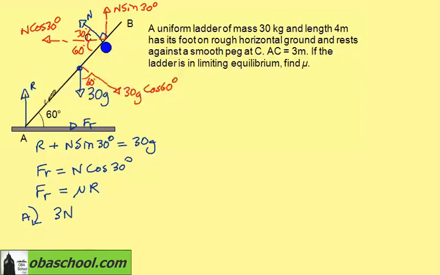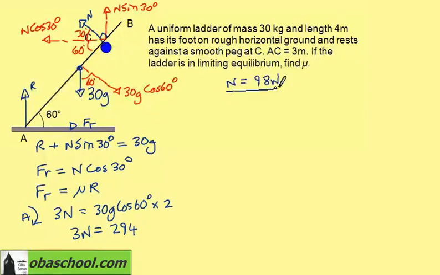Remember, the other component just goes directly towards A, so has no turning effect. So that's going to be equal to 30G cos 60 times its distance from A, which we know is 2 meters. This gives us 3N is equal to 294, and therefore N is equal to 98 newtons.